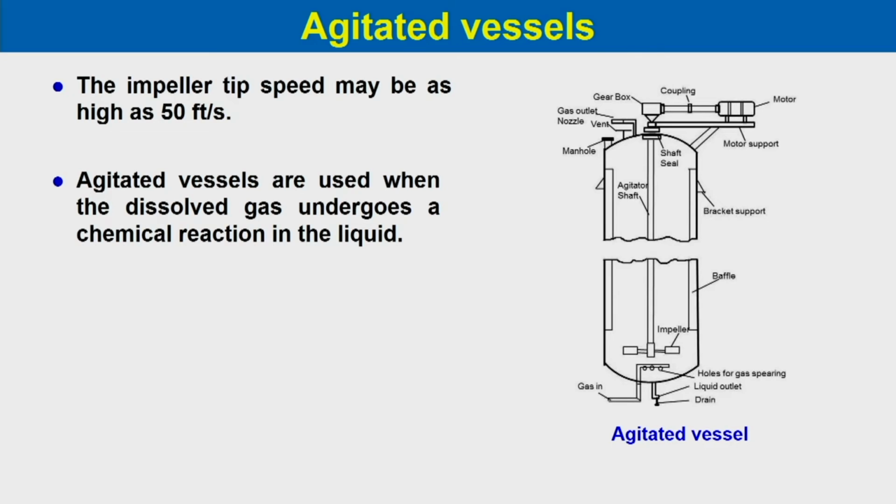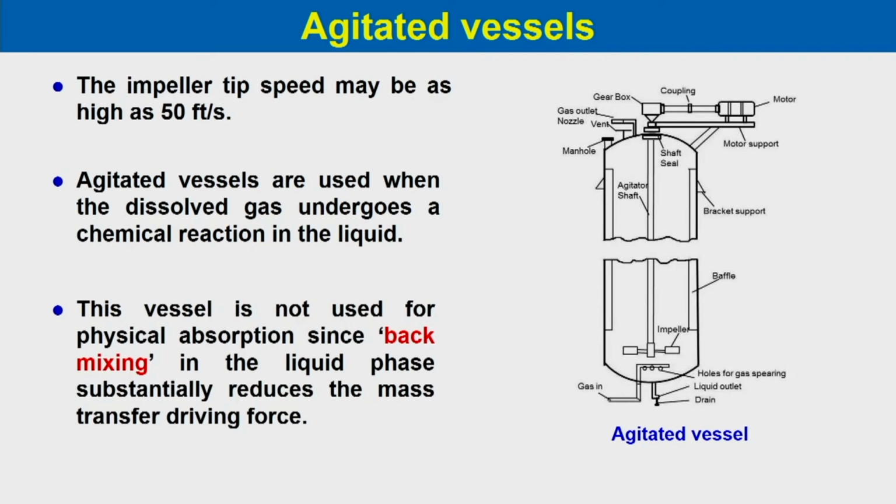The vessel is not used for physical absorption, since back mixing in the liquid phase substantially reduces the mass transfer driving force. So, for physical absorption generally it is not used. When there are chemical reactions, then generally this type of agitated vessel is used.